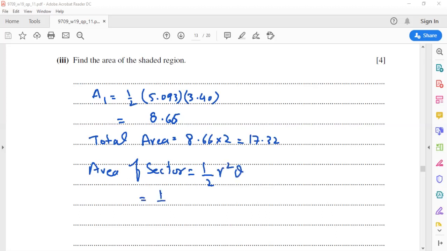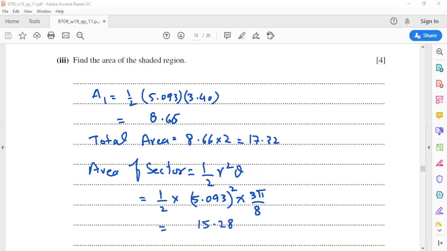Now half, and r is 5.093 whole squared, times theta, which is 3 pi by 8.